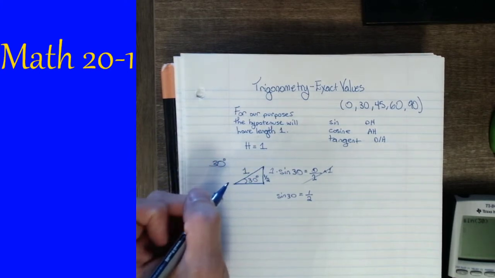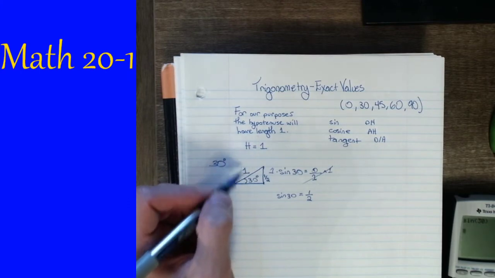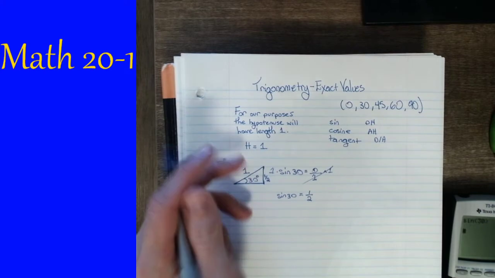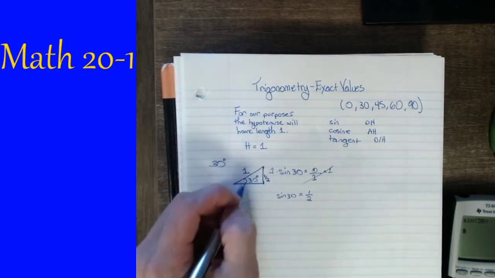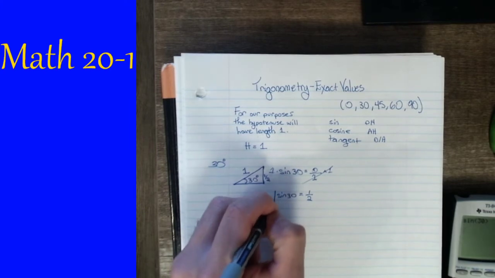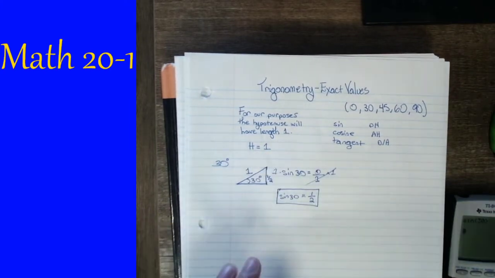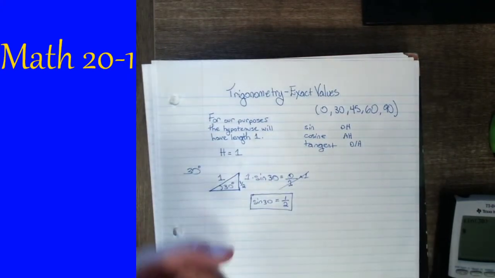If the hypotenuse were 4, the side length here would be 2. It's always half, based on the angle of 30 degrees. So that's our first thing. And once we have that, we can build a lot of the other side lengths through some algebra.